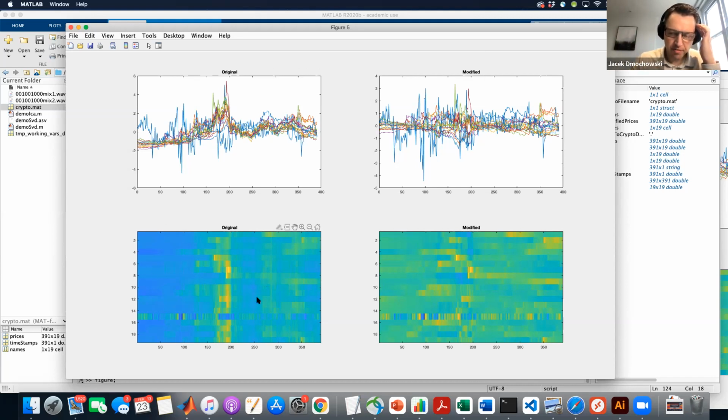Images are often very useful for rendering two-dimensional data. Here, the row dimension of this image is cryptocurrency, and the column dimension is time. You see here it's blue, and then it goes more yellow, so at the beginning of time, the currencies were lower than at the end of time.